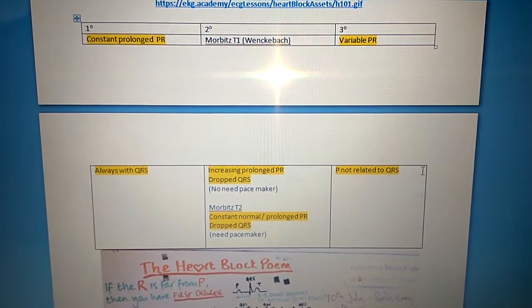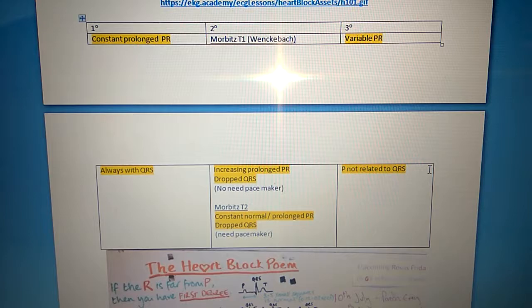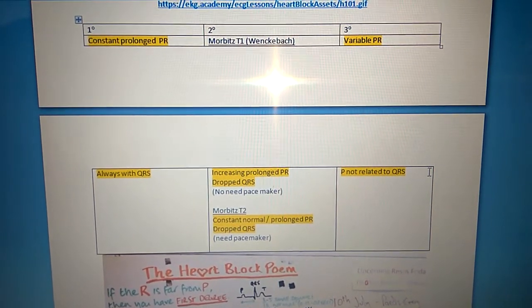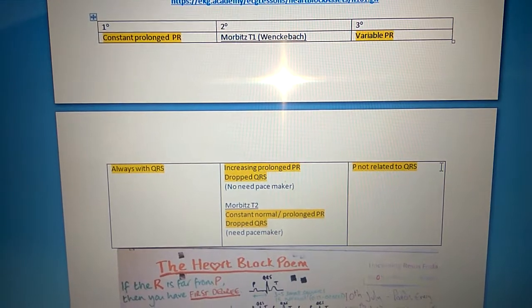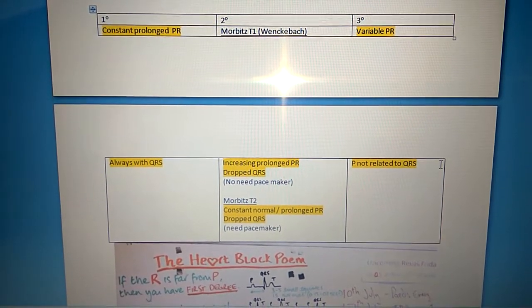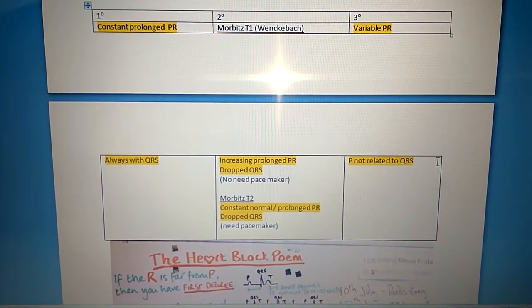For second degree heart block, we divide it into Mobitz type 1, which is the Wenckebach, and also Mobitz type 2. Okay, Mobitz type 1, the PR interval is variable. It is increasingly prolonged PR, and there's a dropped QRS complex.